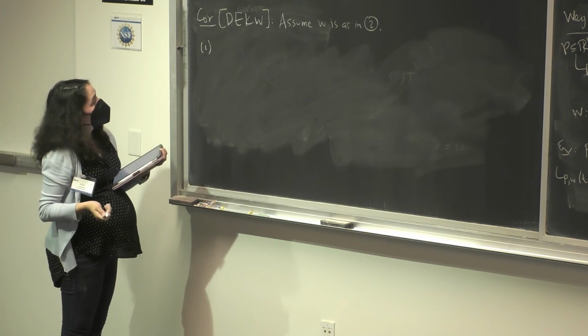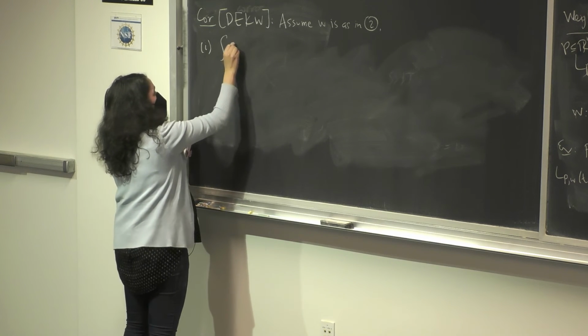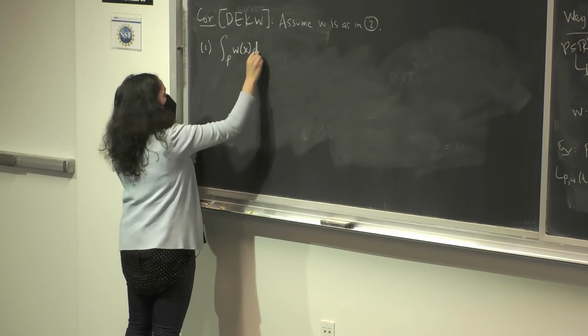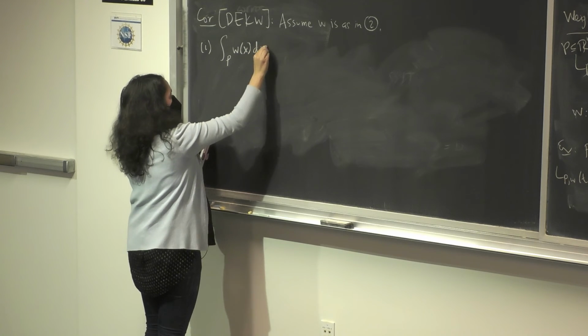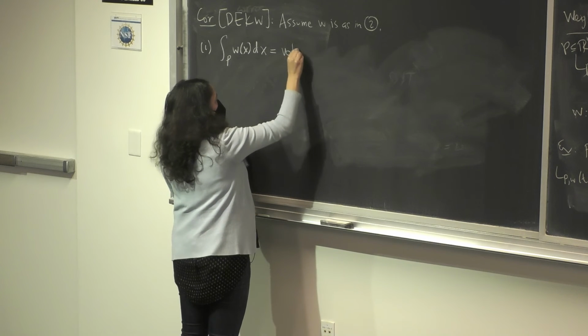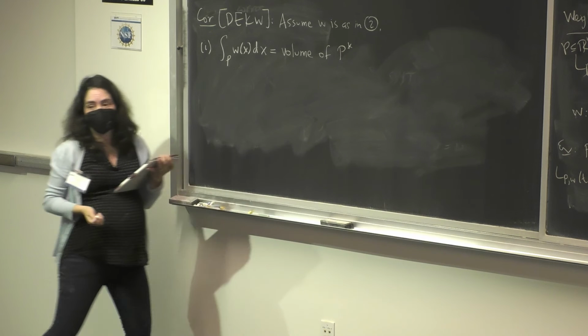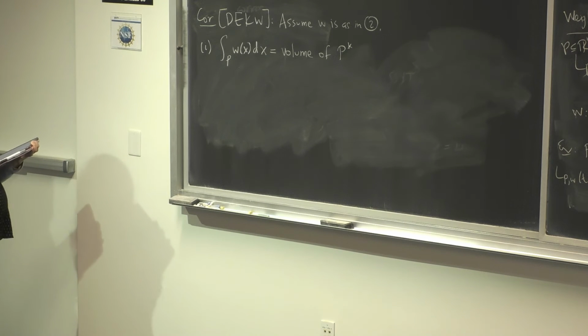If you're in the setting of 2, then we have two consequences. One is that this integral can be reformulated as the volume of a weighted lifting polytope.